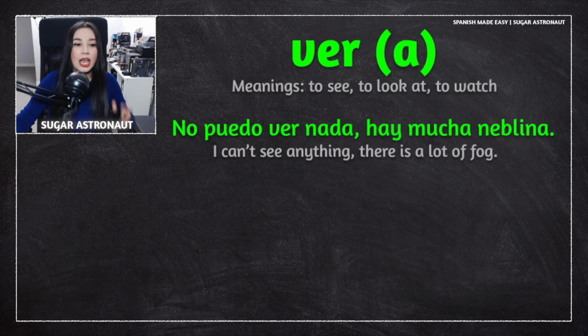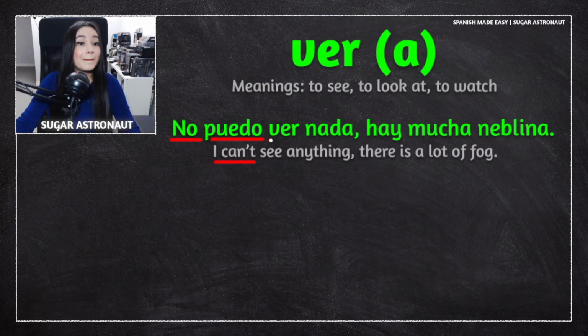That's what it means. No puedo is a very common phrase and a very basic one that means I can't. Okay? No puedo. Yo no puedo means I can't. And then you can add a verb. I can't see.